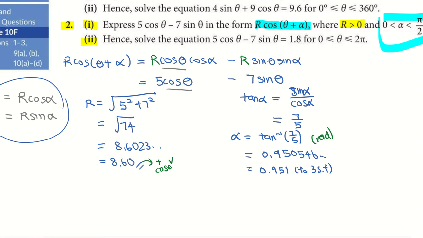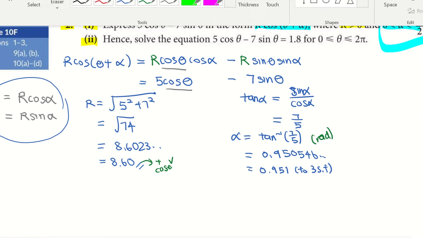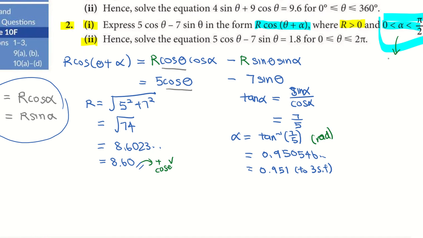So take note of the range again. It is 0 to 5 over 2, just letting you know that it's in the first quadrant. If you're curious why there is only one answer, it's because this is a first quadrant answer, your acute angle. Almost done.